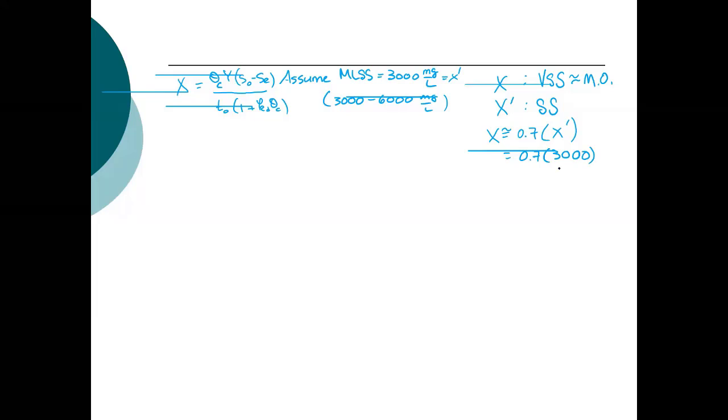So our value of X, our volatile suspended solids concentration, this is our MLVSS, this is our MLSS. So this is our mixed liquor suspended solids right here, and our mixed liquor volatile suspended solids here.